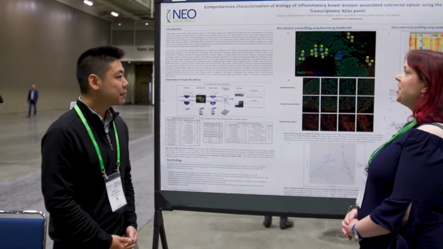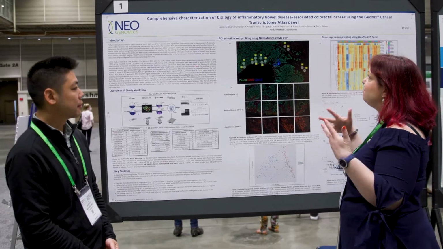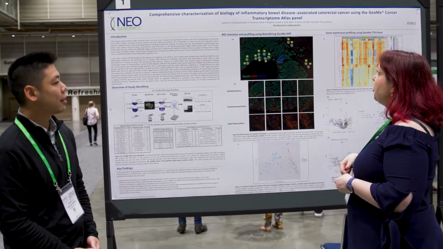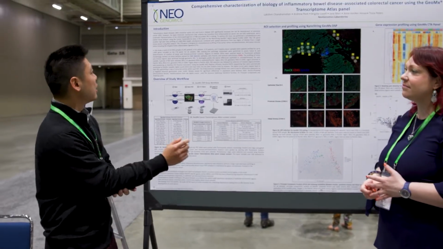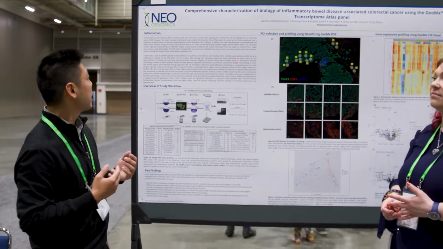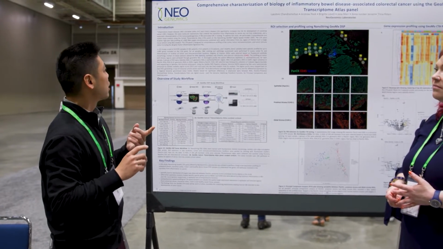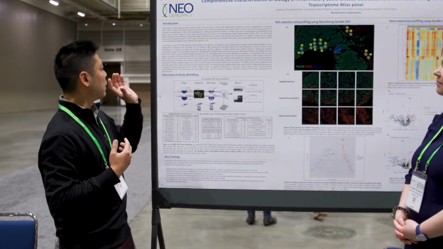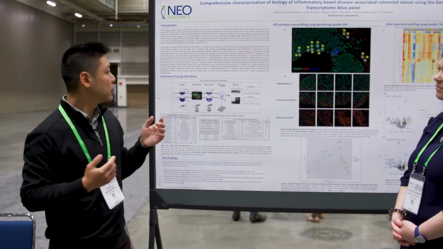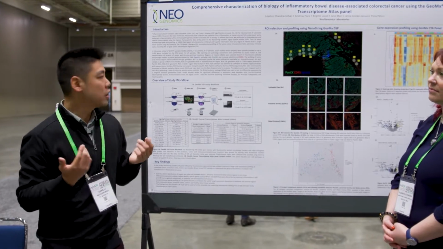Excellent. So can you briefly walk us through the study? What kind of samples were you looking at, and what type of GeoMx assay did you use? Yeah, so we're looking at colorectal disease. So we have inflammatory bowel disease, ulcerative colitis, Crohn's disease, etc. And we took about 20 FFPE samples that included CRC, UC, CD, and also healthy patients.